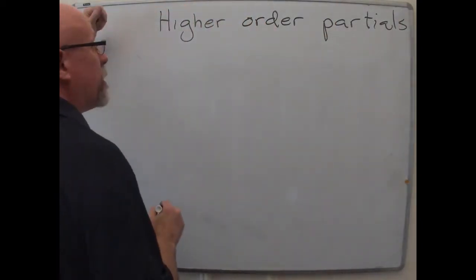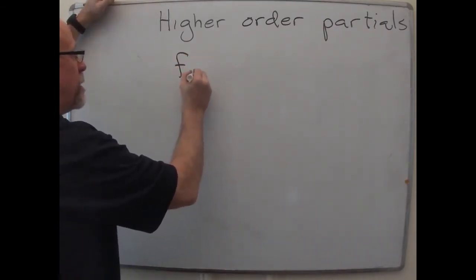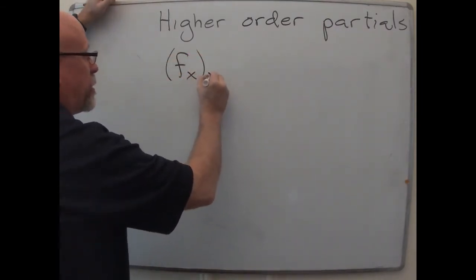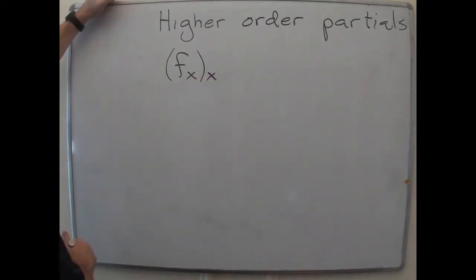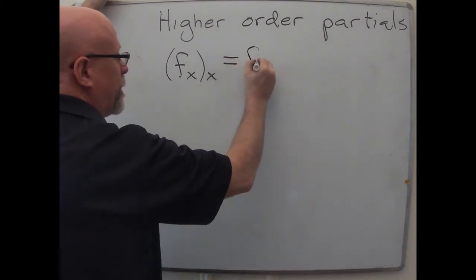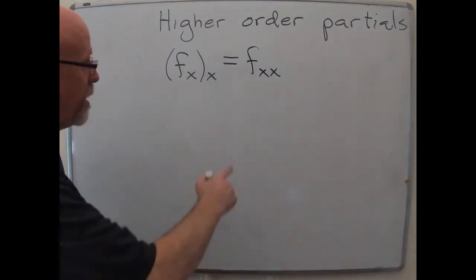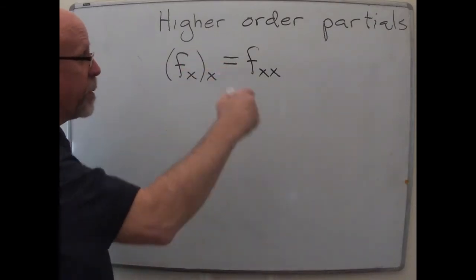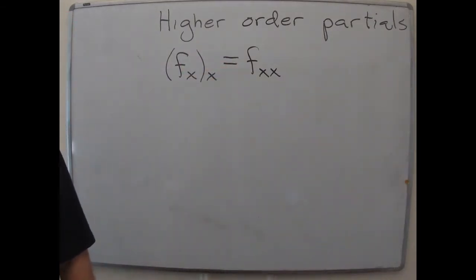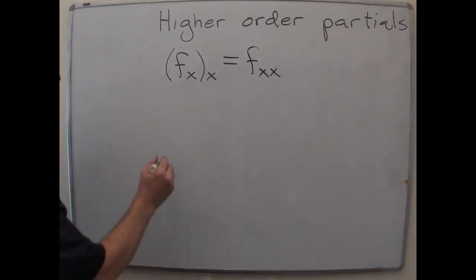The notations are different again, but you could think about f sub x, and then we'll take the x derivative of that. But nobody bothers to write it like that because it's easier to just say f sub xx. Take two derivatives with respect to x. That's rather like the double prime. So that's the Newton style notation.